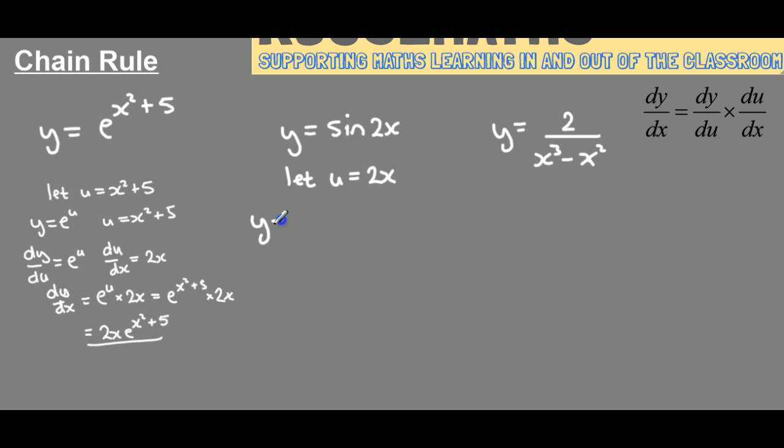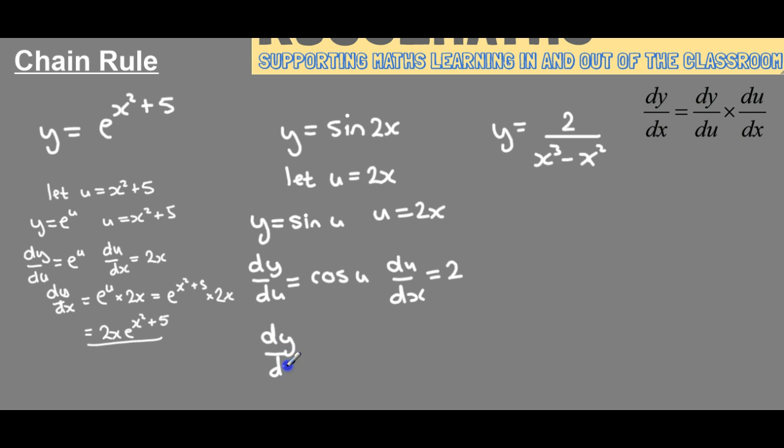So we've got y equals sine of u and u equals 2x. Differentiating this with respect to u, the derivative of sine is cos, and the derivative of 2x with respect to x is 2. So to find our dy by dx, we multiply those together, giving us 2 cos of whatever u was, which is 2x.